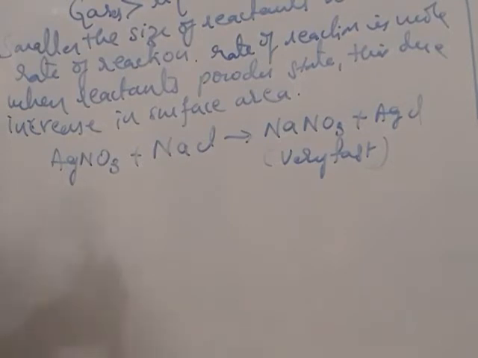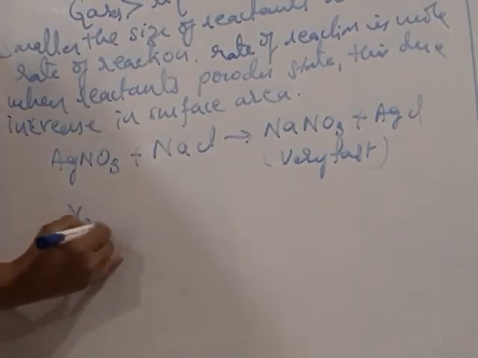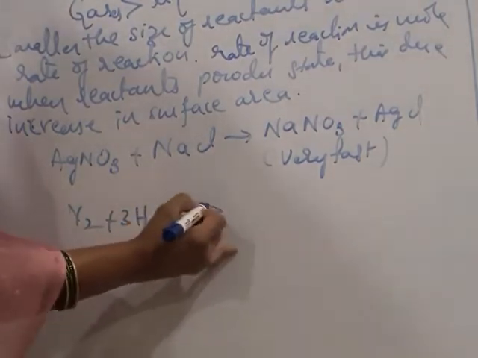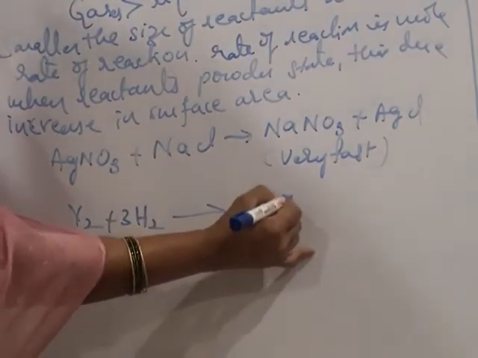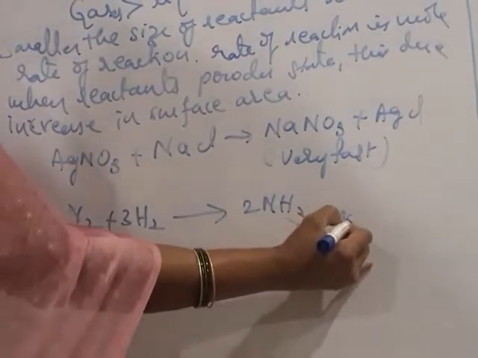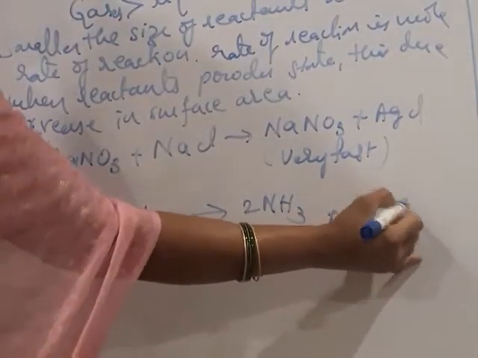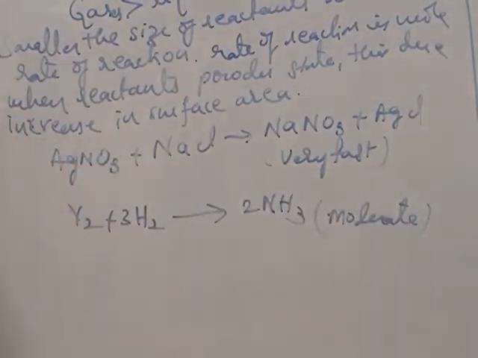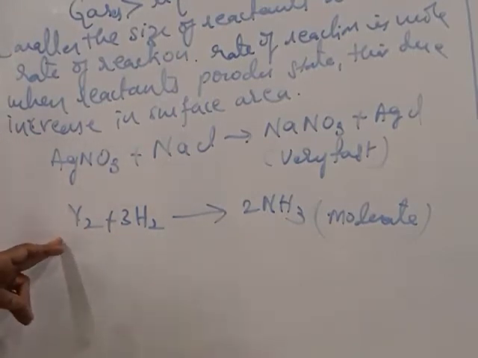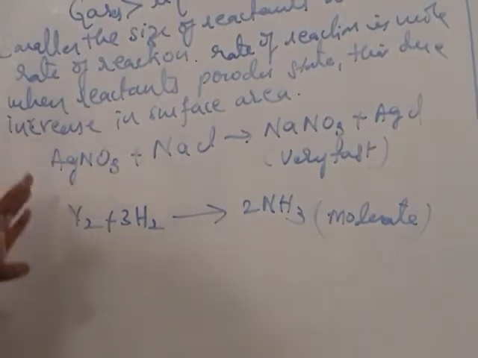Okay. For example, N2 plus 3H2 gives 2NH3. This is formation of ammonia. So this is moderate reaction. Okay. So here first bond breakage takes place. In N2 molecule, triple bond is present between two nitrogen atoms. It gets broken first.